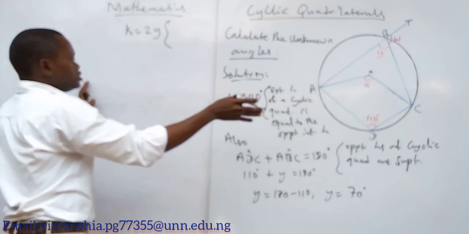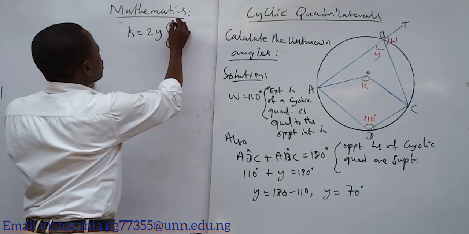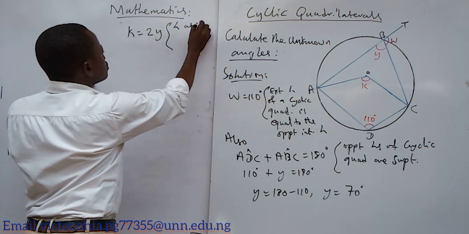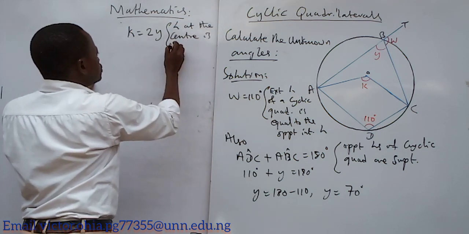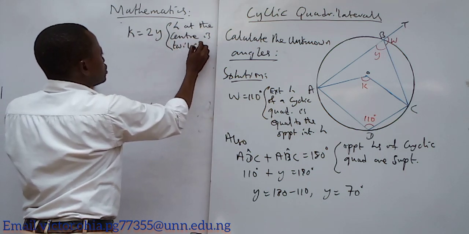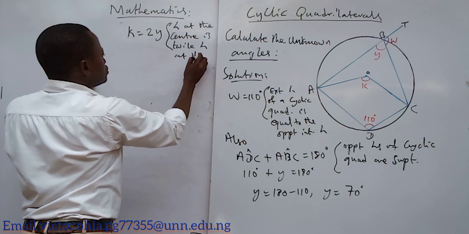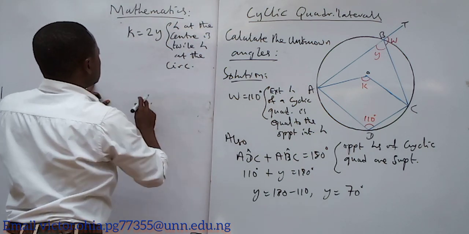So we can support it by saying angle at the center is twice angle at the circumference.